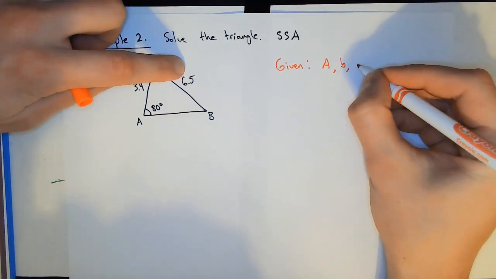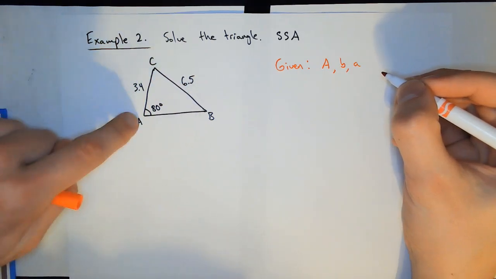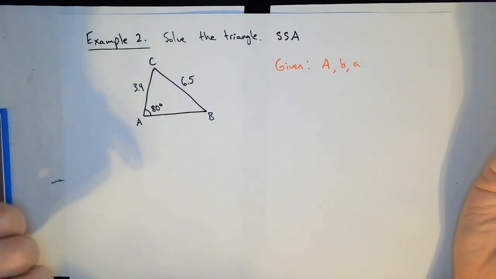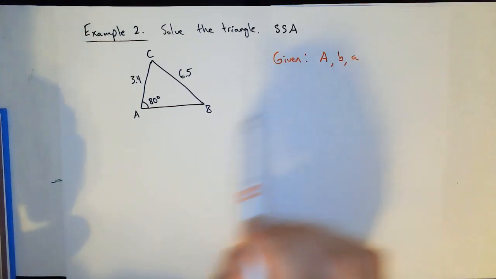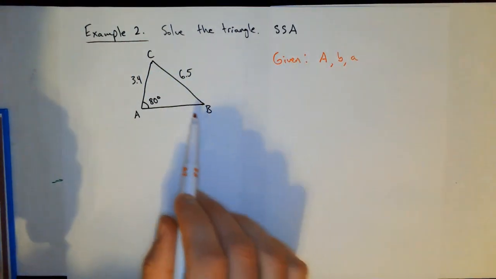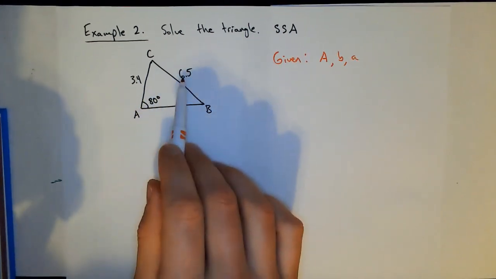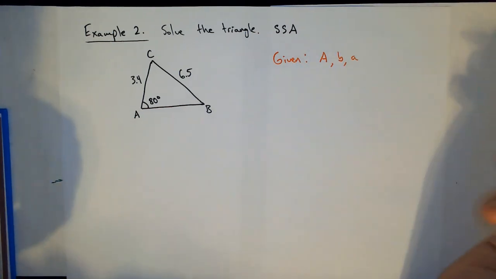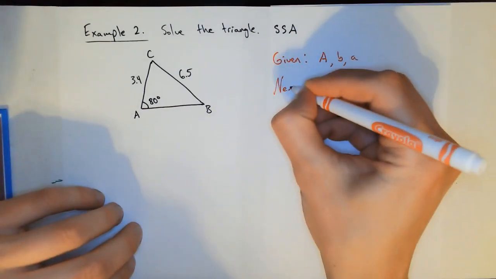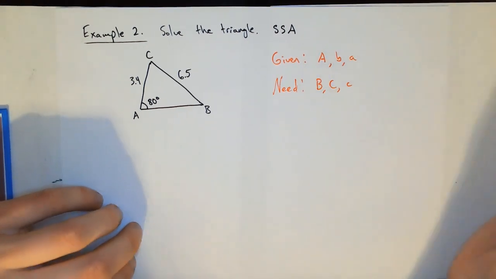And we have lowercase a, because remember that you got to be able to get your naming convention right, because the law of sines depends on how you name these things. And remember that it's always named across. The same letter is used for the side across from the corresponding angle. So we're given this. We need capital B, capital C, and lowercase c.